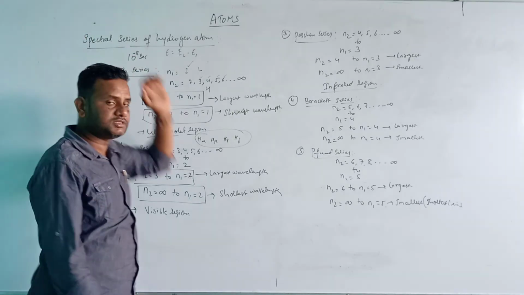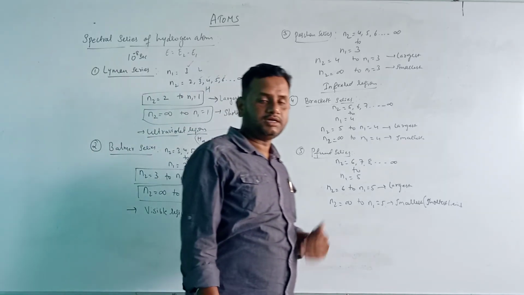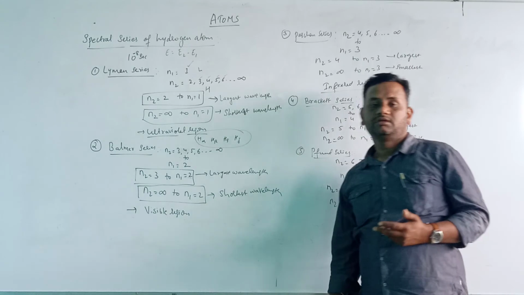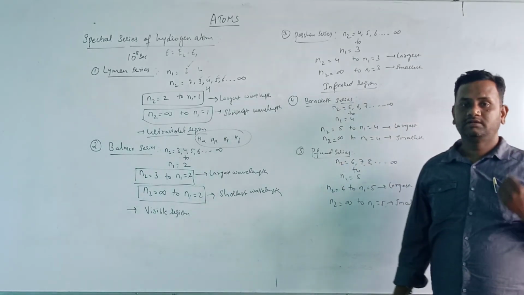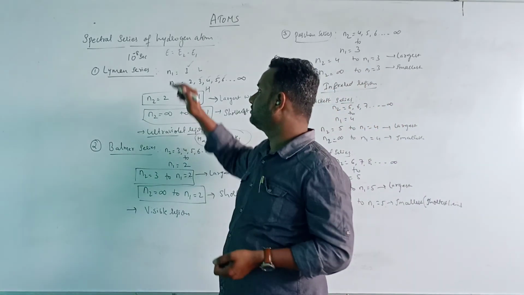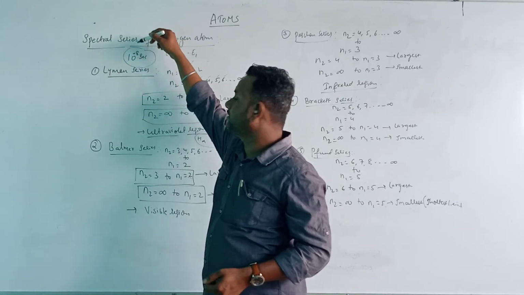When some energy is supplied to the atom, the electron gets excited and jumps to a higher orbit, where it stays for a lifetime of 10 to the power minus 8 seconds.